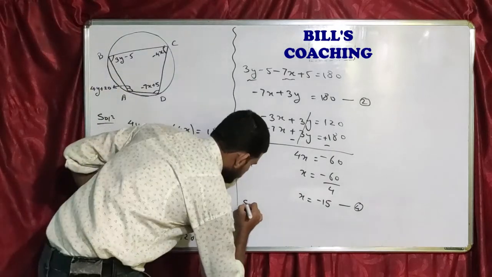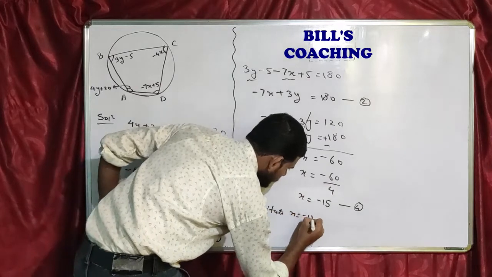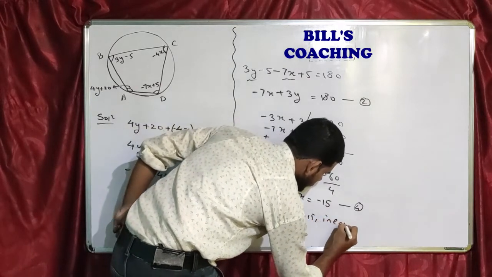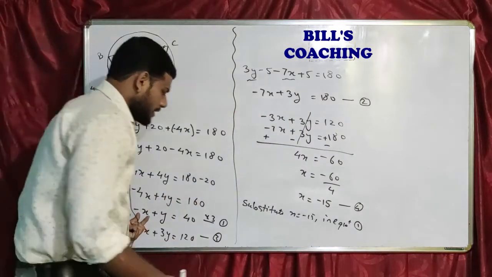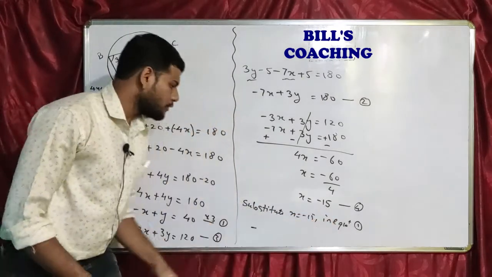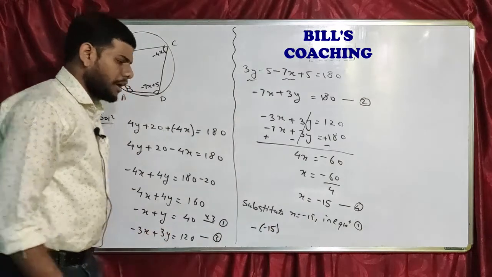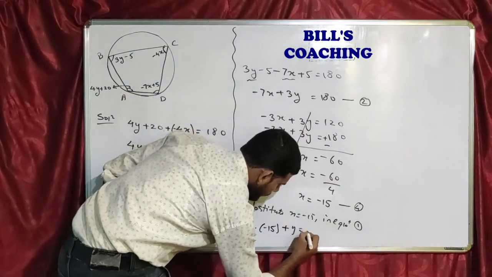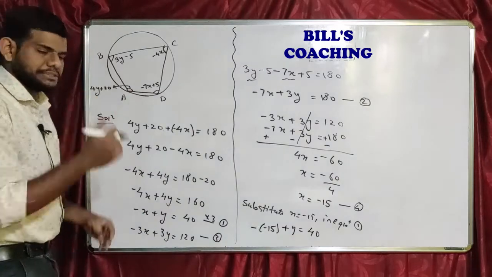Okay, so substitute x equal to minus 15 in equation 1. This is our equation, so let me write minus, in terms of x I'll be putting this value, which is minus 15 plus y, and finally we have 40, same as this equation, just we have replaced the value of x.